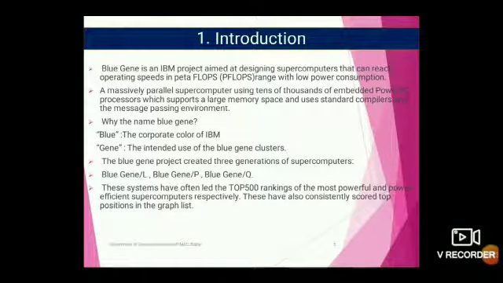The 3 generations of supercomputers are Blue Gene L, Blue Gene P and Blue Gene Q, where L stands for light, P stands for petascale and Q is the letter just after P. These systems have top 500 rankings of the most powerful and efficient supercomputers, and have scored the top positions in the Graph list also. Now let us discuss Blue Gene L in the further discussion.